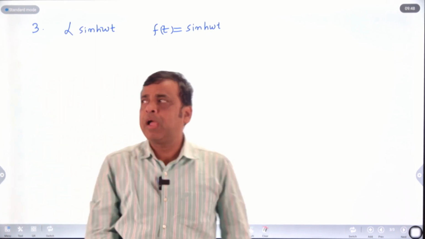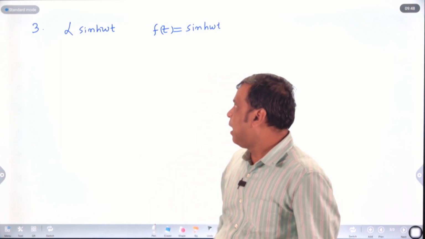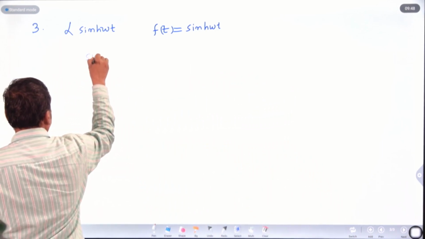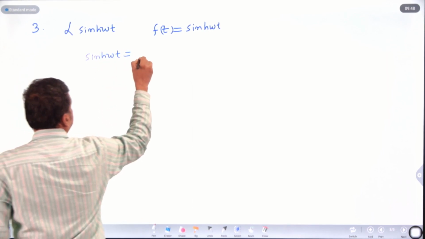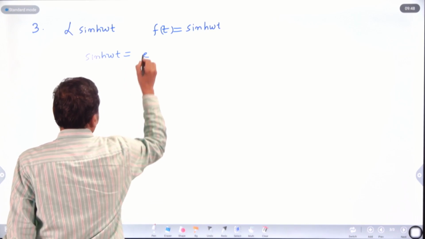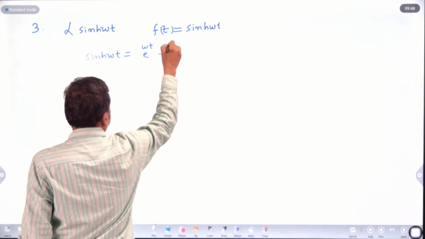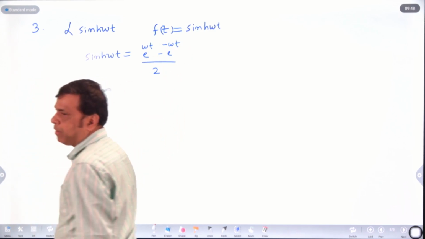As you know, sin h omega t is e to the power omega t minus e to the power minus omega t by 2. This is the sin h omega t function.